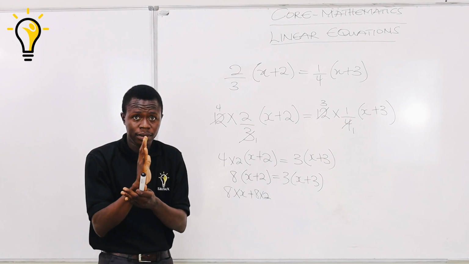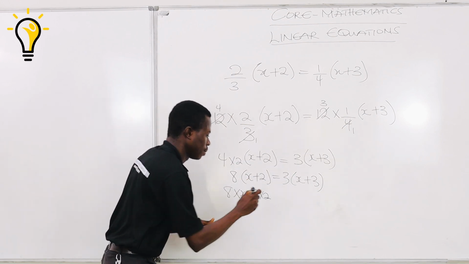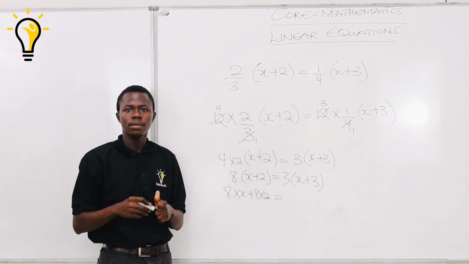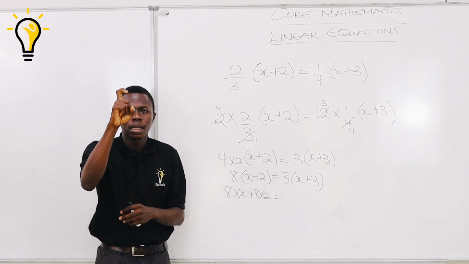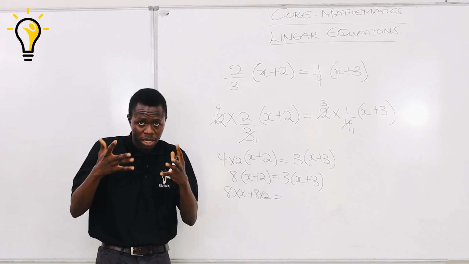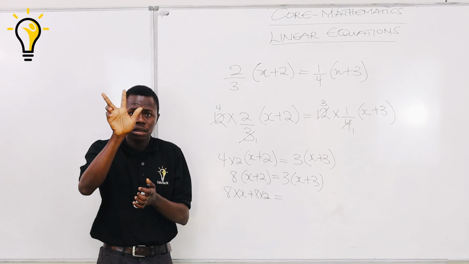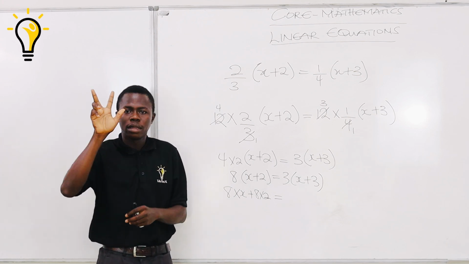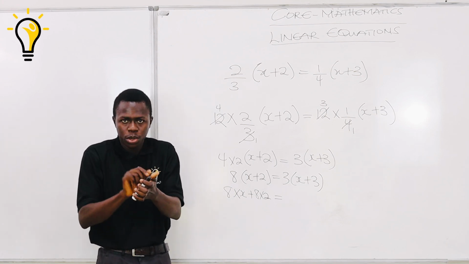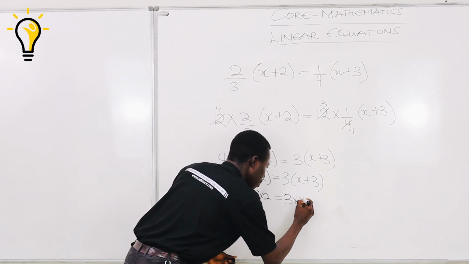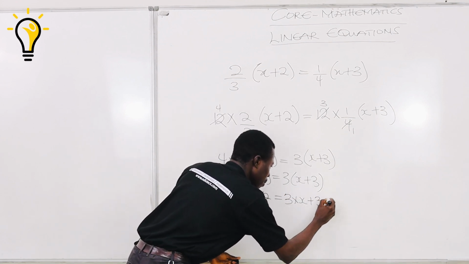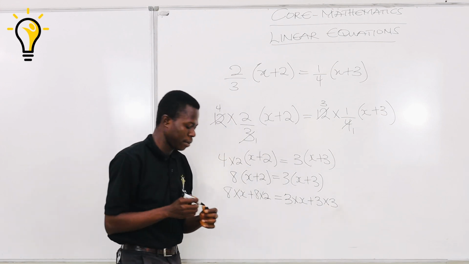Then we move to the next term in the expression. 3 multiplies x, and then again 3 multiplies 3. So 3 multiplies x plus 3 multiplying 3.